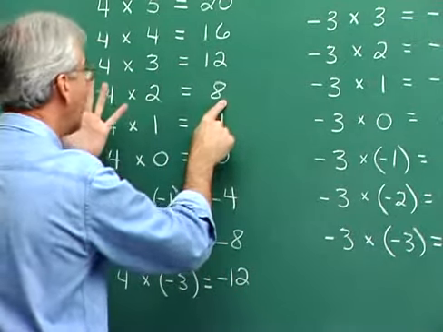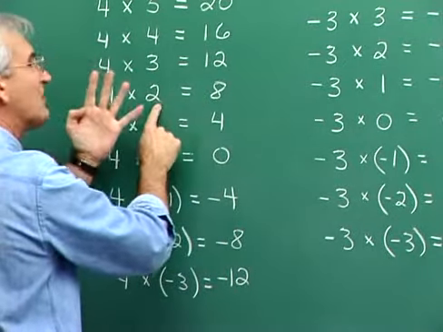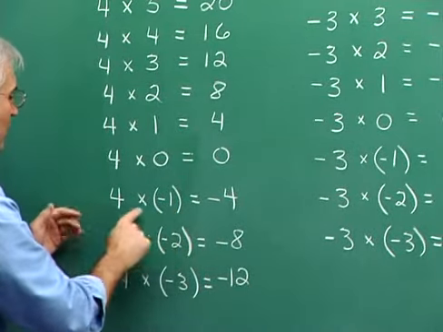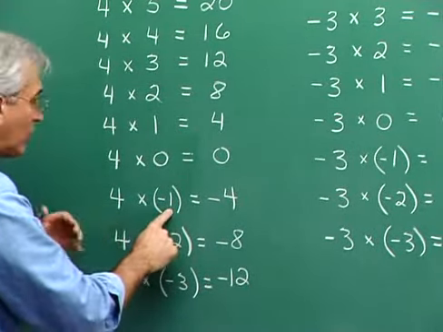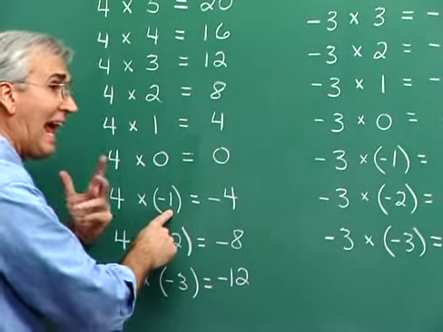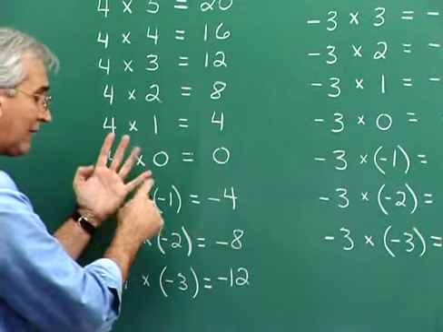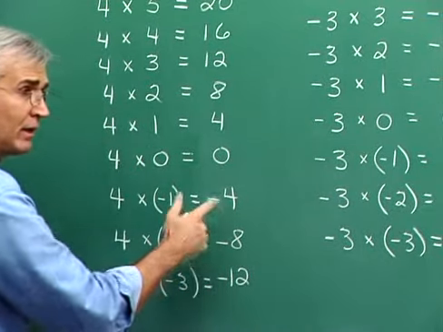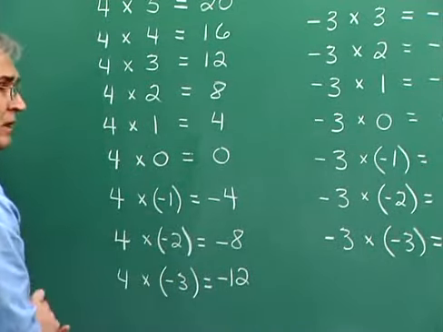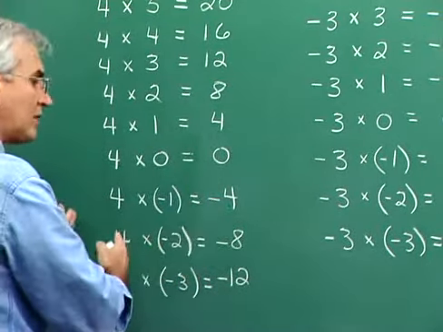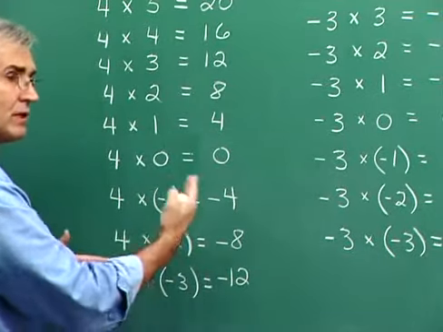So we're using 2 as an addend 4 times. Using that same idea down here, 4 times negative 1 means use negative 1 as an addend 4 times. So negative 1 plus negative 1 plus negative 1 plus negative 1 would give us negative 4, and we could apply the same idea to the others. So we're establishing the idea that a positive number times a negative number gives a negative result.